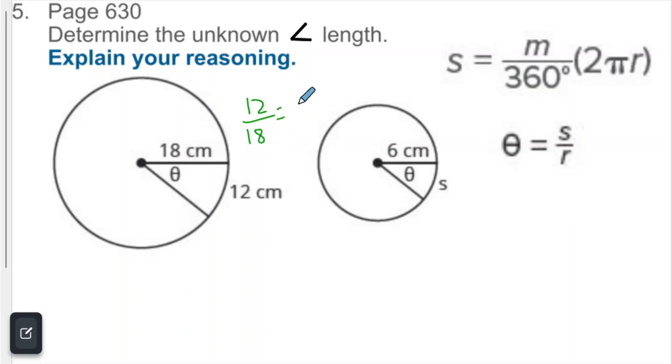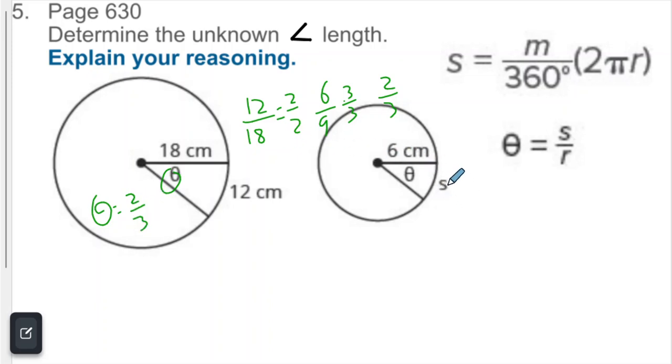Divide by 4? No, not 4. I can divide by 2, and I get 6 over 9, which I can then divide by 3, and I get 2/3. So this theta equals 2/3.